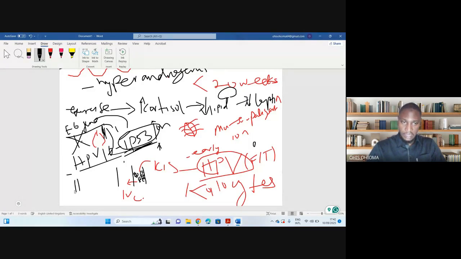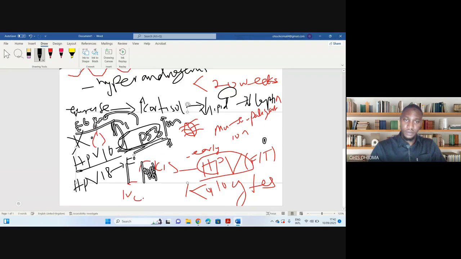On the other hand, this guy here, HPV 18, what HPV 18 does is that it blocks this guy here, E7. And this E7 causes the upregulation of the retinoblastoma gene.